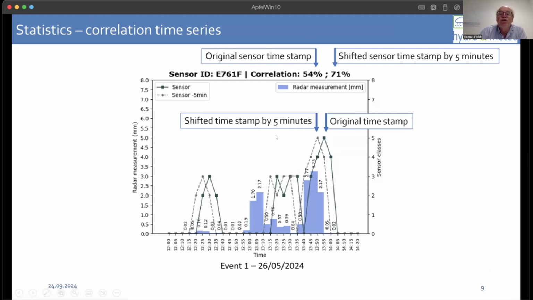And when we shift the timestamp by 5 minutes, so that the sensor is shifted to the left, then we can see that the correlation is going up.